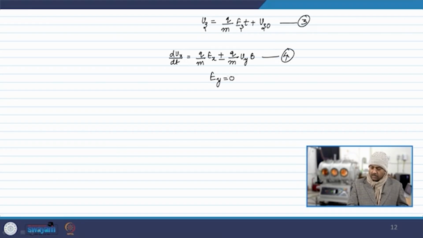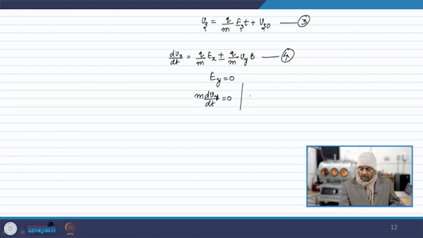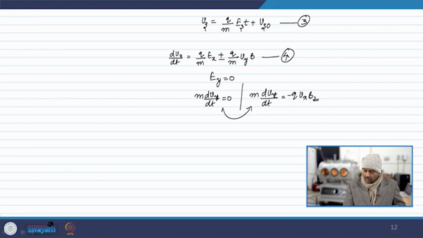So, obviously, m dvy by dt is 0 for the electric field, and m dvy by dt is minus q vx Bz for the magnetic part, right. So, we have to combine these two things, isn't it?